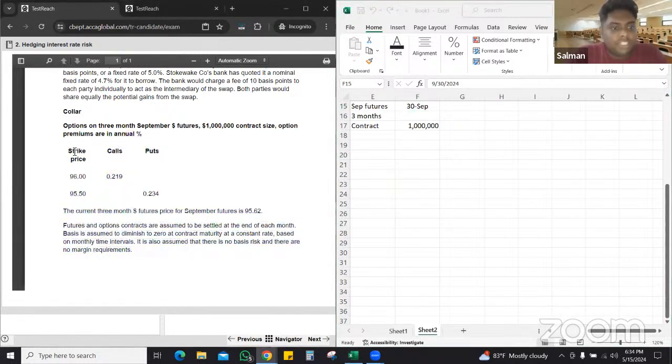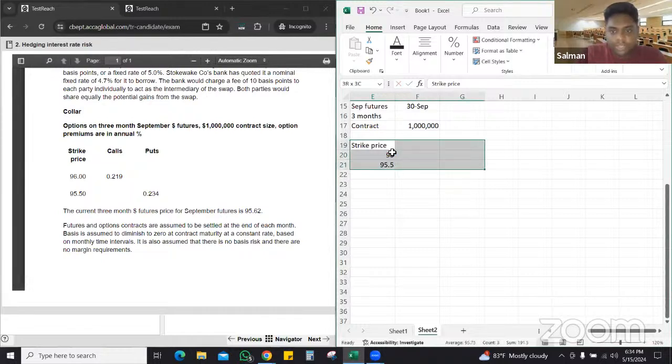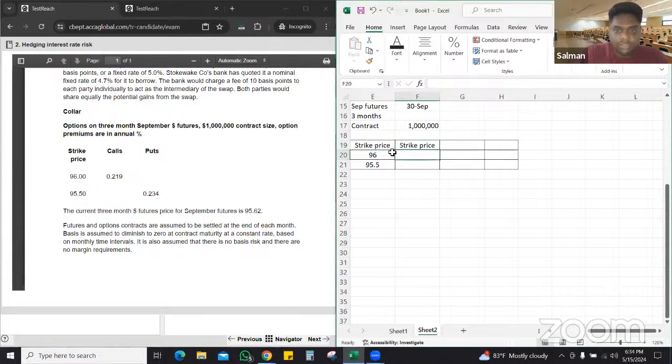Option premiums are in annual percentage. So there are two strike prices. 96 is for call option, 95.5 is for put option. And the premium is in percentage. So this is 0.219 percentage, 0.234 percentage. Right? Strike price 96, 95.5. So if you convert the strike price as an interest rate, what is the interest rate we are going with the strike price?